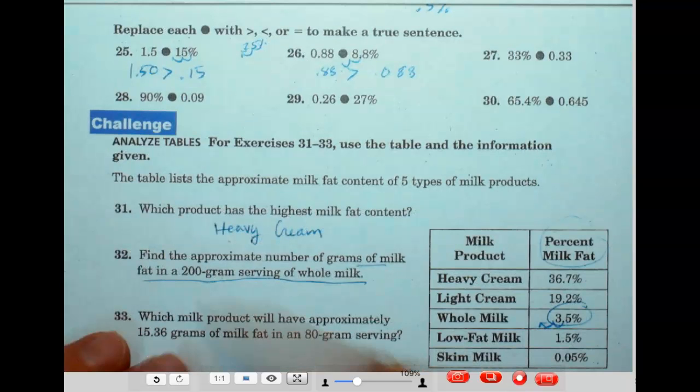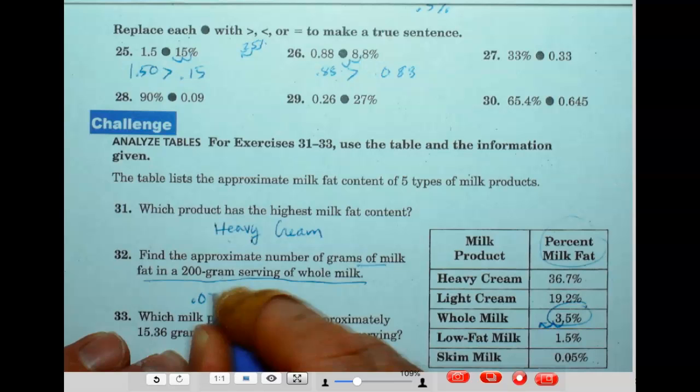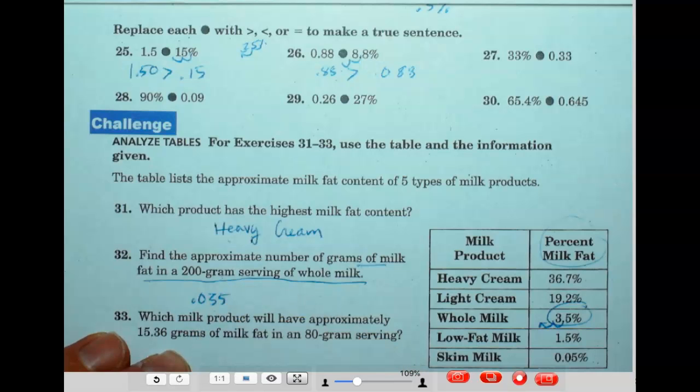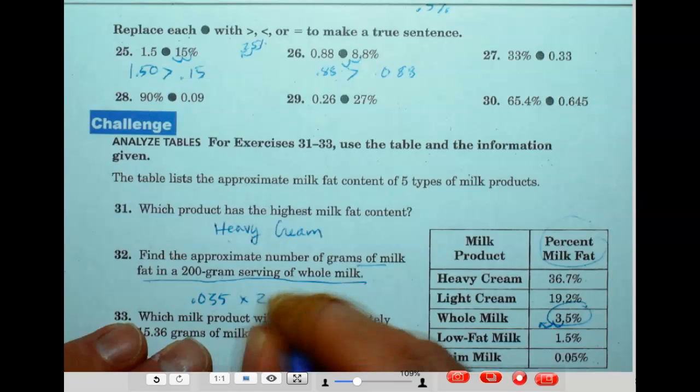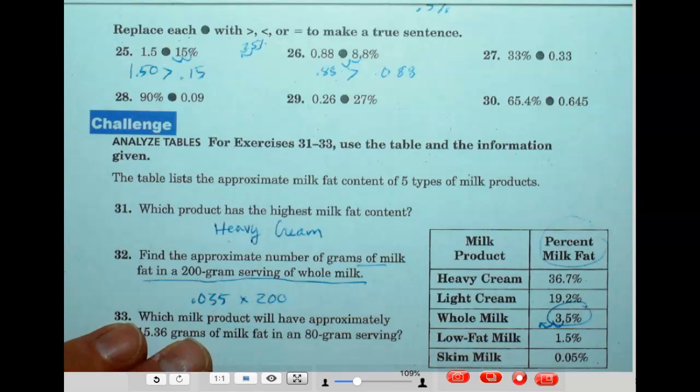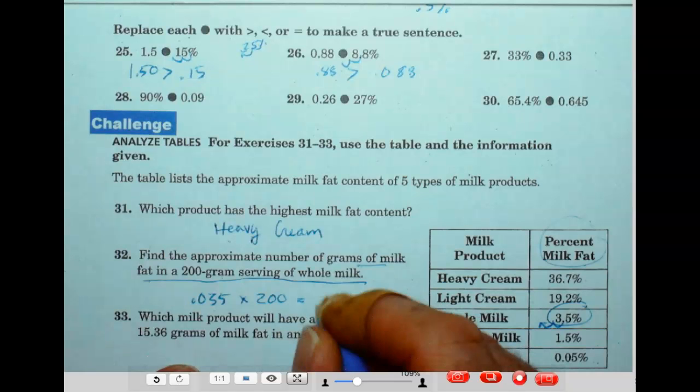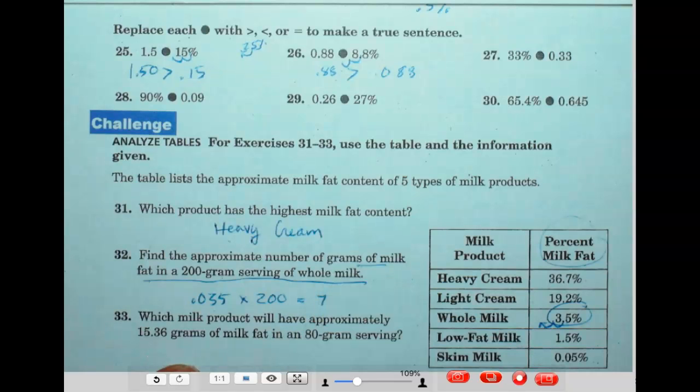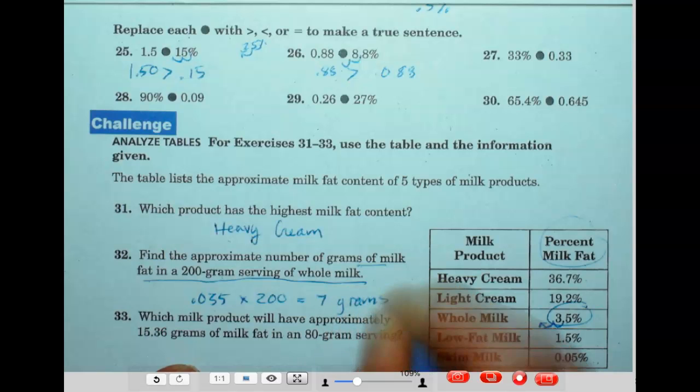Now I have 0.035, and I can take that number. This is per 100%. So I can just take this number here and multiply it by the 200 grams or whatever it is. So if I do that, you're going to get 7 grams. That's the way to solve that one there.